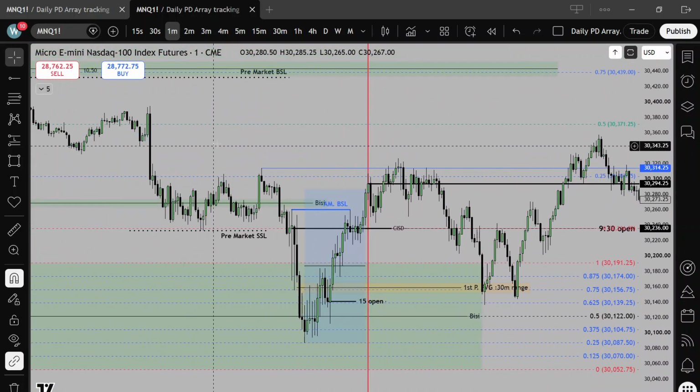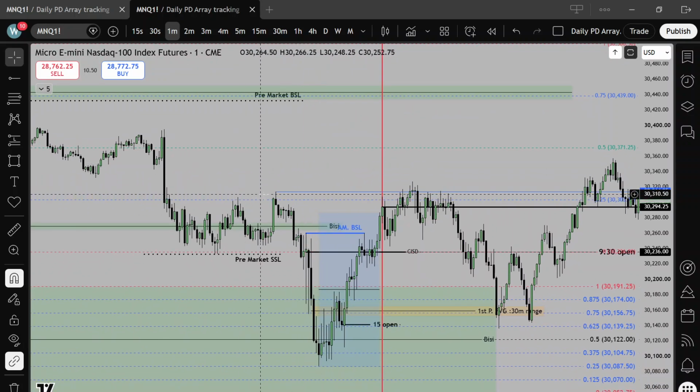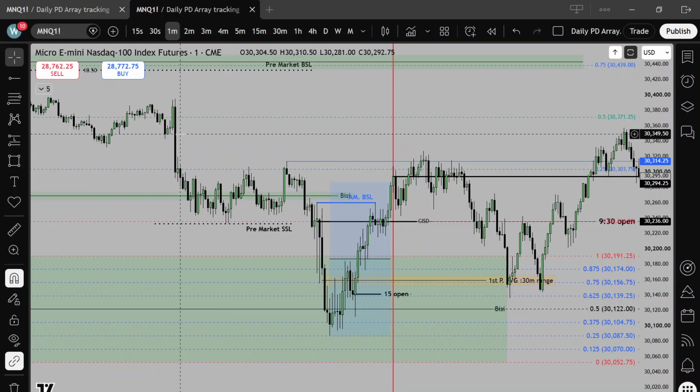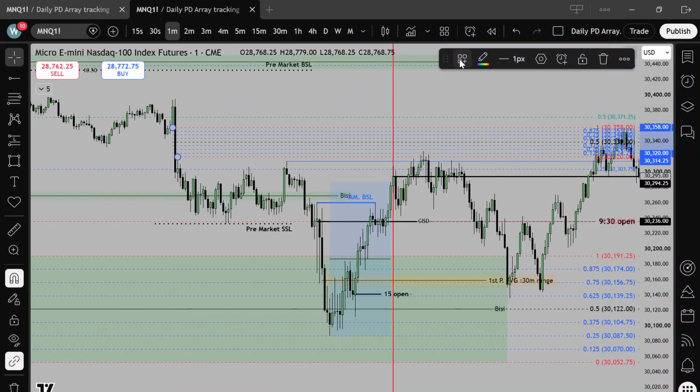It's not the highest pre-market buy side, but it is buy side from pre-market and essentially relative equal lows or highs right there into this inefficiency, but fails to get to the consequent encroachment of this inefficiency.